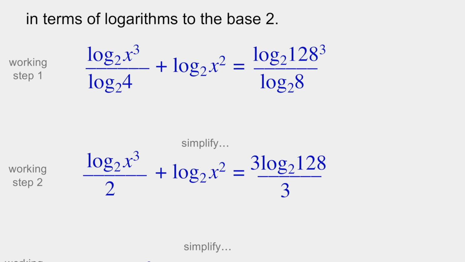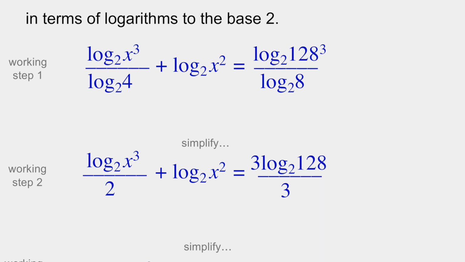The same thing is true for the logarithm on the denominator of that last fraction there. I can evaluate it by asking myself 2 to the power of what gives me 8. Well, that power would have to be 3. And so when I evaluate that logarithm, without needing a calculator, I can immediately write down 3.